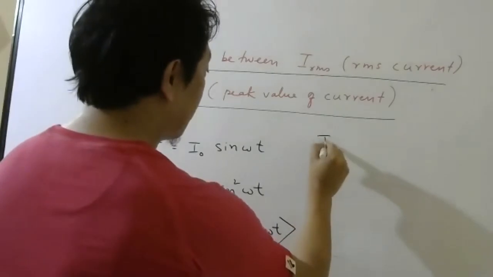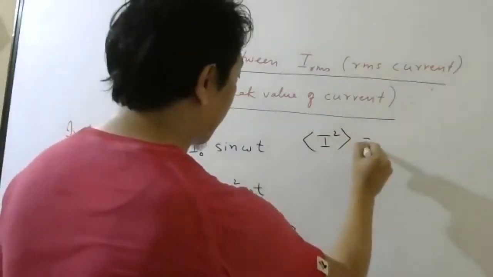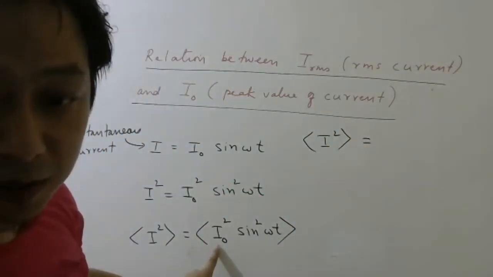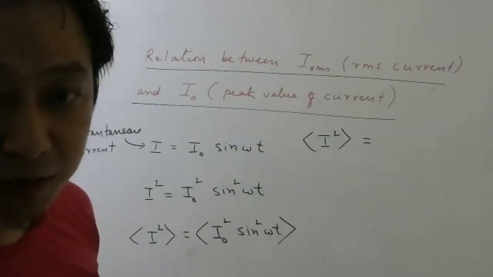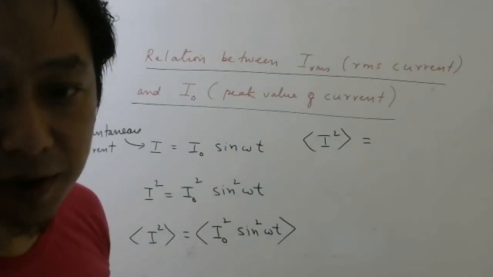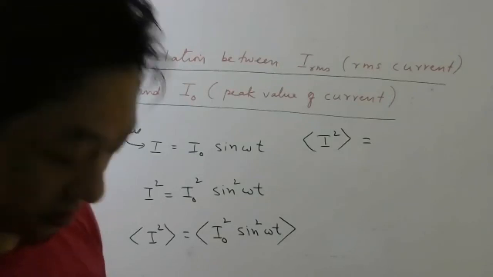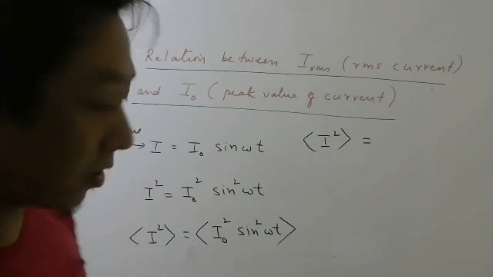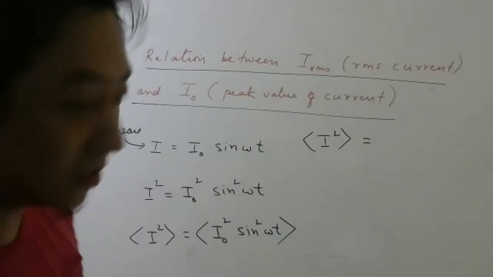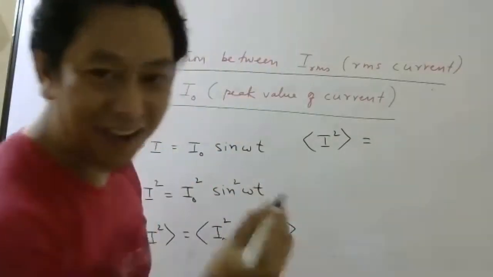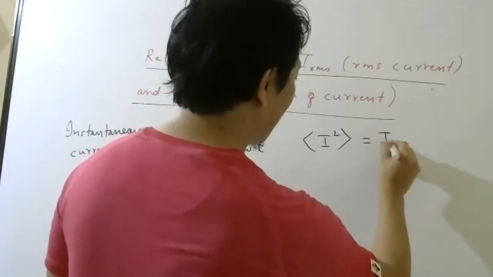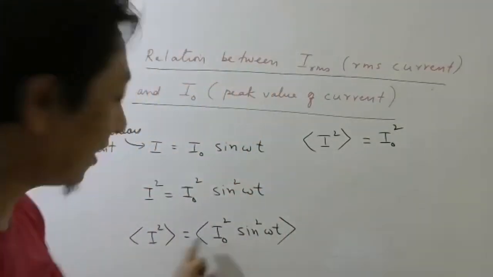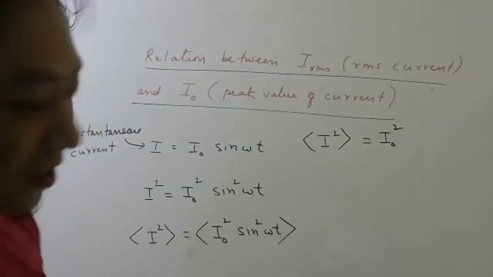So the left side is the same; now the right side. This is a constant, the peak value is constant. So if you take the average of a constant, what will you get? What is the average of 5, 5, 5? The average of 5, 5, 5 will be 5 only. So the average of I naught, which is constant, will be I naught only. So I naught square can be taken outside because it is constant.